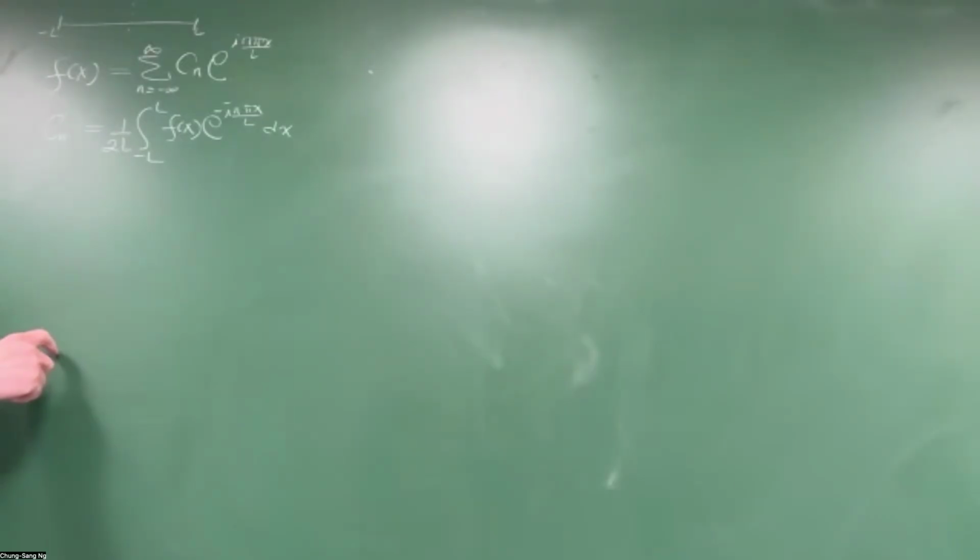The normalization is 2L in this case. That derivation is simple because you just substitute this into that, and then all these are just elementary integrals. You know how to integrate an exponential function.